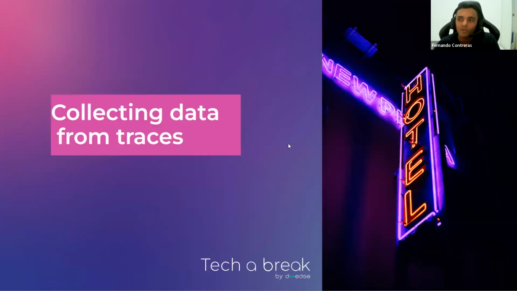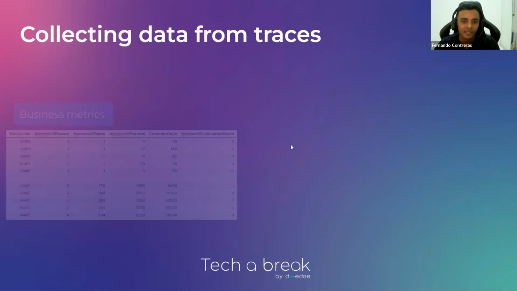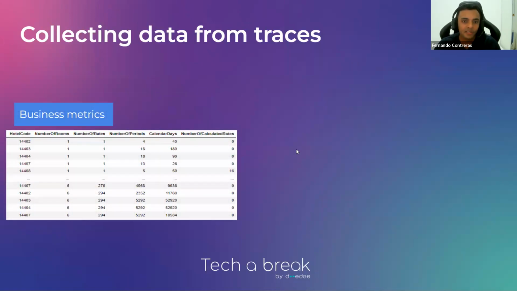So let's see, how do we collect data from these traces? Imagine that you start collecting information about all the inventory updates, which can be the number of rooms present in the updates, the number of rates, the number of periods, the calendar days, and you can also store the hotel IDs, for example.